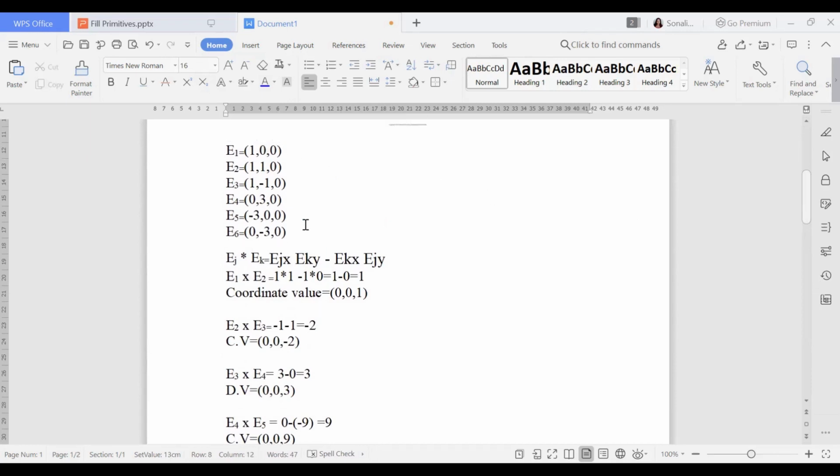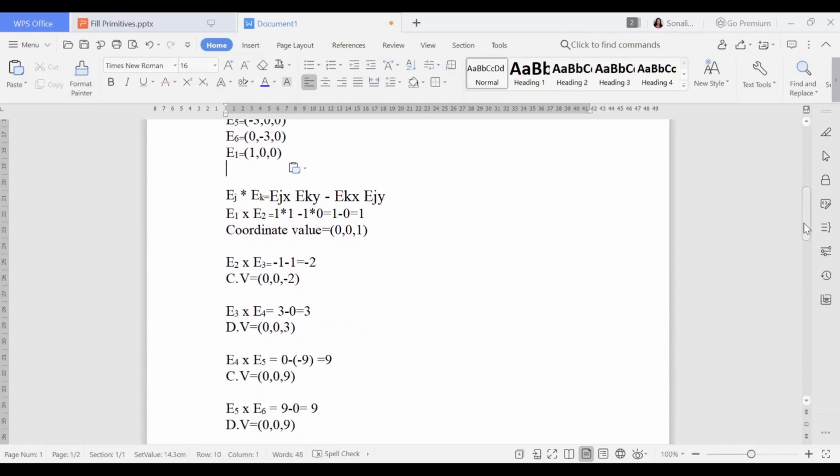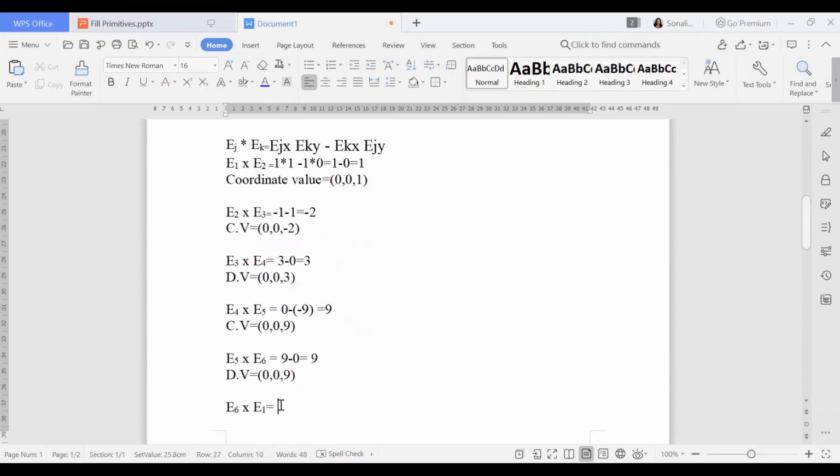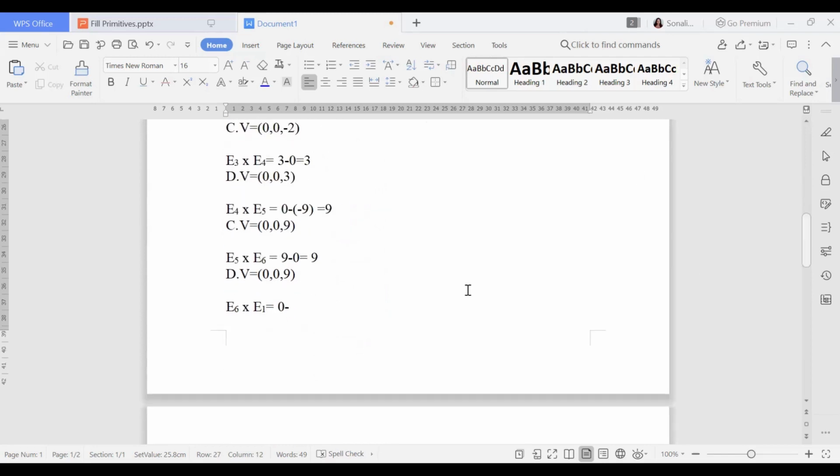I'll keep it and then delete it, just for the calculations. E6 into E1, 0 into 0, it will be 0, minus 3 into 1, minus 3. So in the bracket, I'll write minus 3. So minus into minus is plus, the answer will be 3.